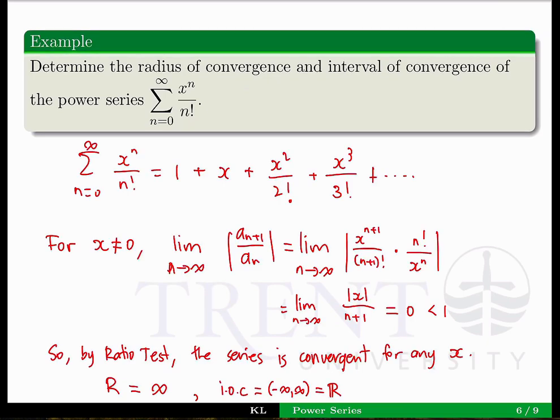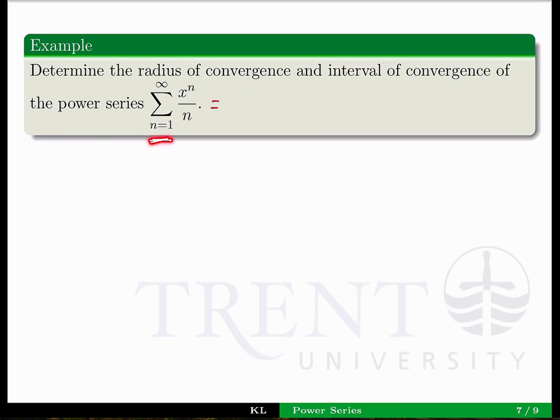In here, it started with n equals 0 even though you have the denominator n there, but it's n factorial. And 0 factorial is equal to 1. Here, you are forced to start with n equals 1. Which means this, if we expand, we will have x plus x squared over 2 plus x cubed over 3 plus so on and so forth.